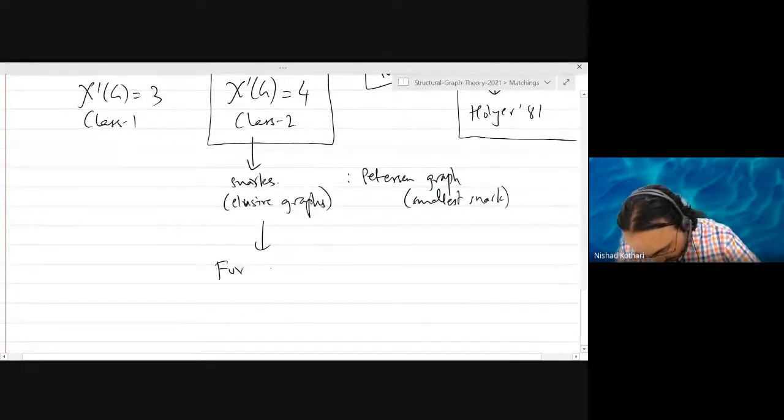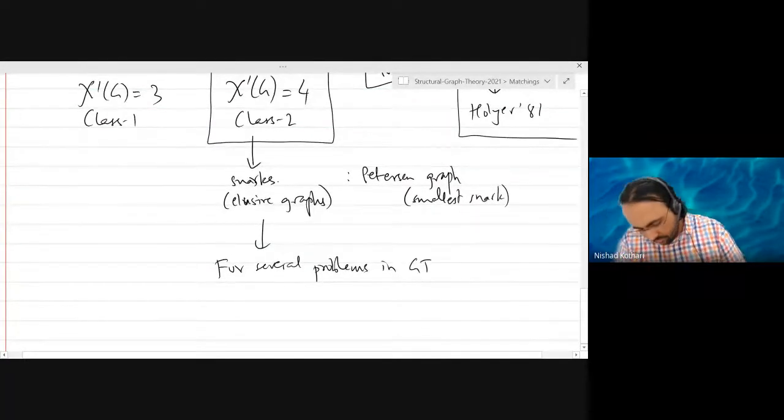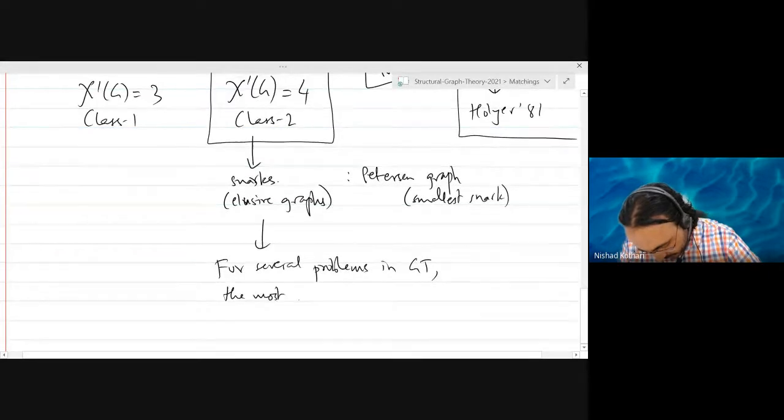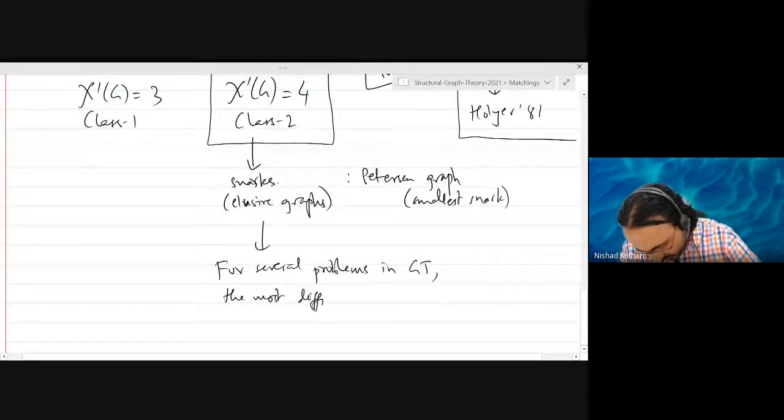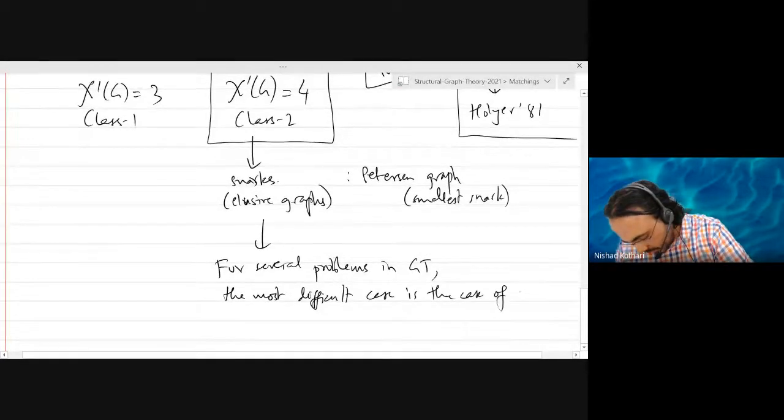For several problems in graph theory, and I'll give you at least 1 or 2 examples, the most difficult case is the case of snarks.